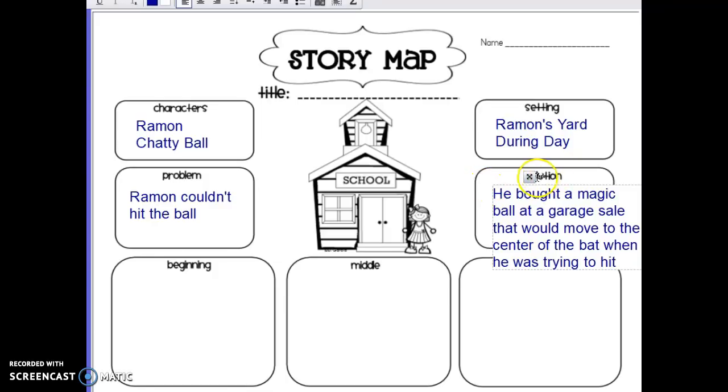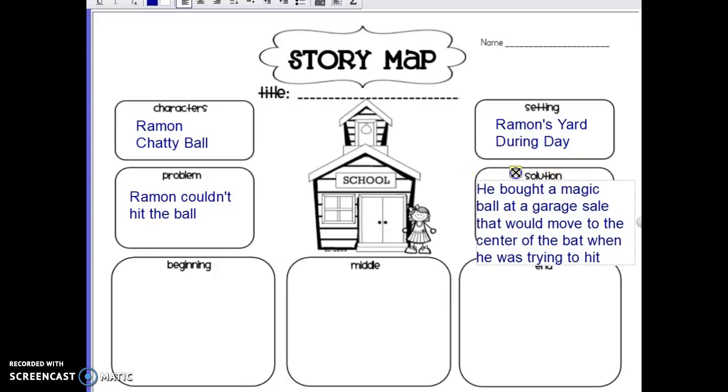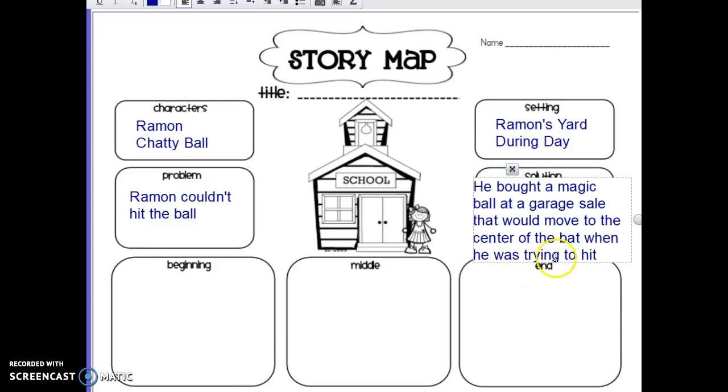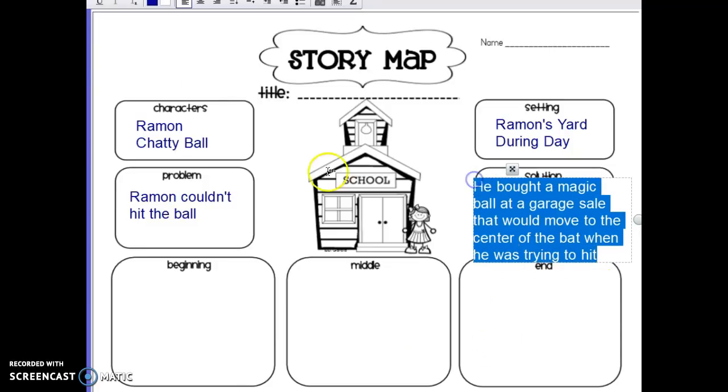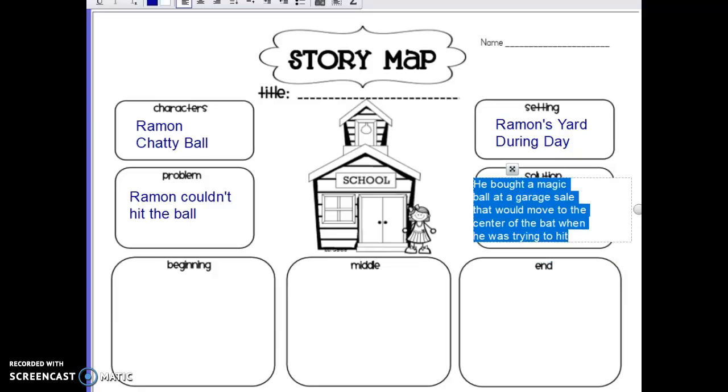Which we saw in the story solved his problem. When this magic ball would move to the center of the bat, then he was able to hit it. It fixed his problem.